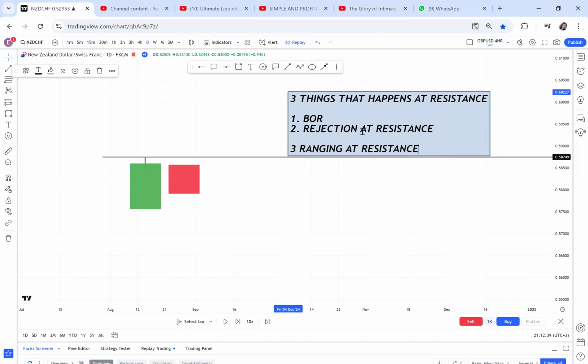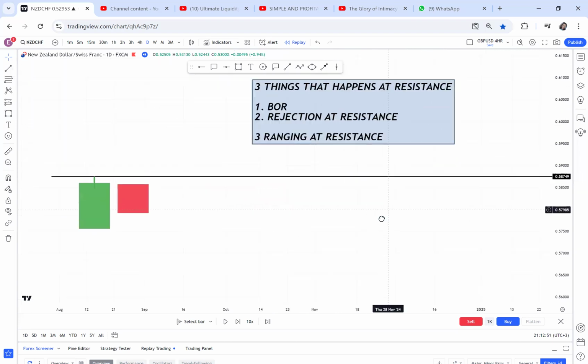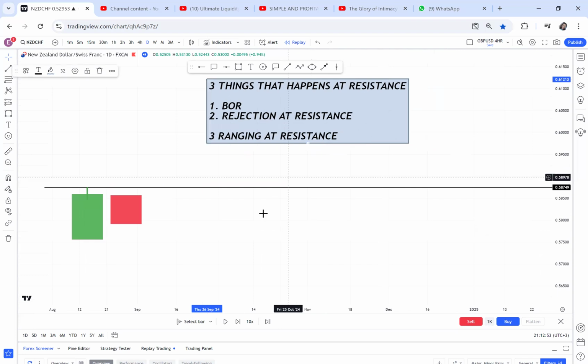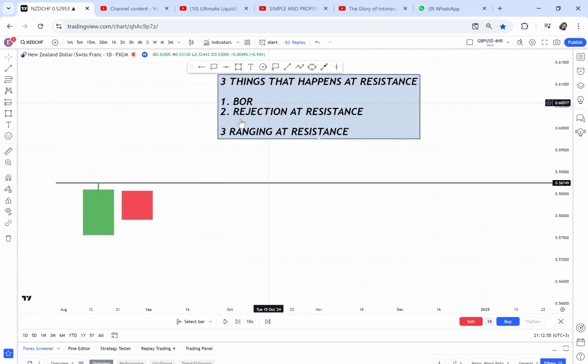As long as you know how your resistance is created, you are supposed to know this resistance. So if I have three resistances here, I want to elaborate what break of resistance, rejection at resistance, and ranging at resistance mean.